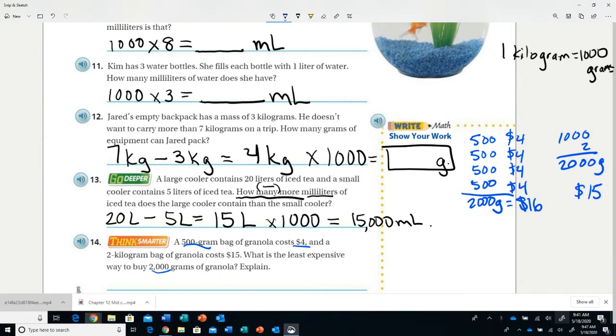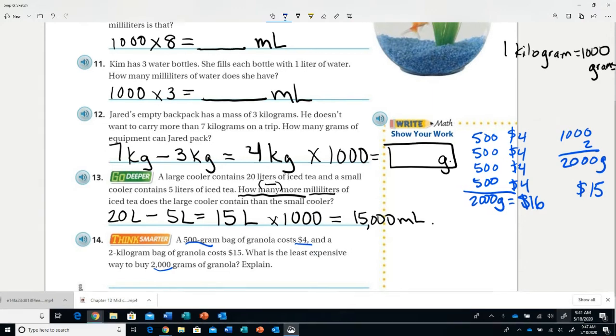It says, what is the least expensive way to buy 2,000 grams of granola? Explain. Well, if you just start with the larger bag, it costs less money, which is actually true for a lot of things. So there you go. The math is there. Take a look at it. Read the question again to yourself if it doesn't make sense.